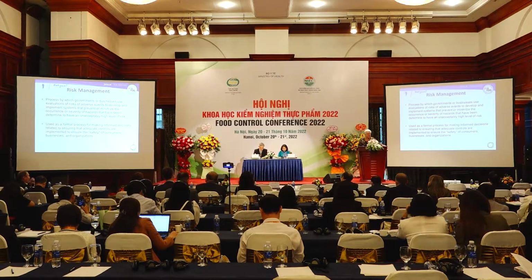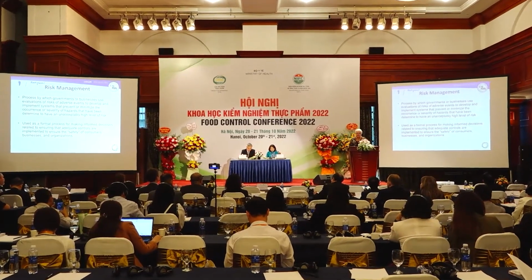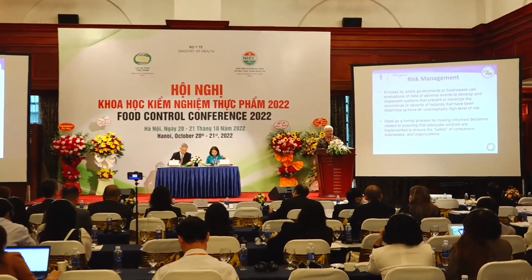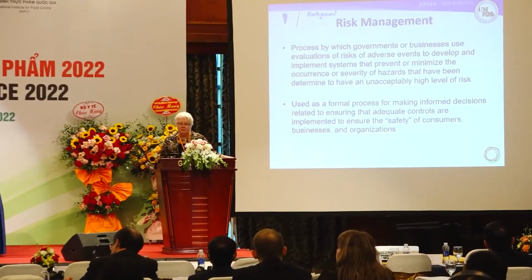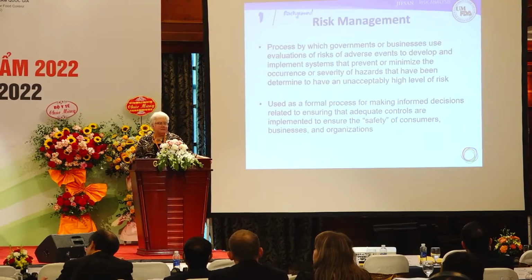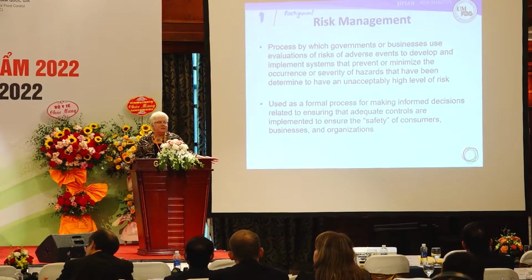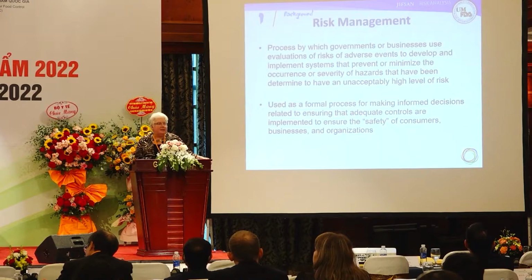When we think about what's happening in government, it's the process that businesses or governments might use to evaluate potential adverse effects and develop ways to implement processes to reduce the risk of that hazard entering the food supply so you don't have a public health concern. It really is a formal process used by governments to understand how they're going to go about reducing risks, to ensure a certain level of safety to consumers. So we're interested in safety in terms of public health outcomes and also in terms of what's happening with businesses in the private sector.